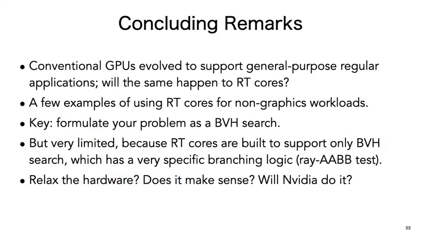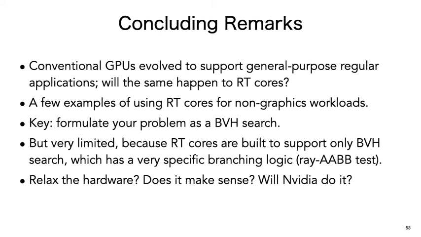So I have demonstrated a way of formulating neighbor search as a ray tracing problem and using ray tracing hardware in emergent GPUs to accelerate neighbor search. And there are actually quite a few examples of using RT cores and ray tracing hardware for non-graphics workloads, things like motion planning in robotics. And the key is to really formulate a problem as a BVH search, because that's what RT cores are built to do.